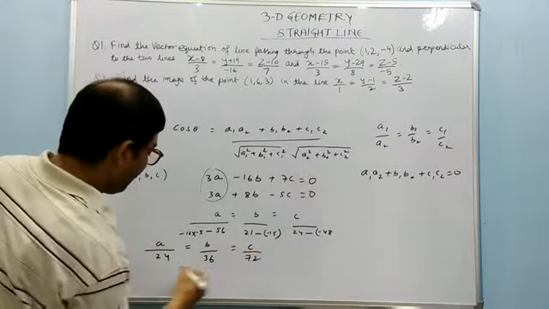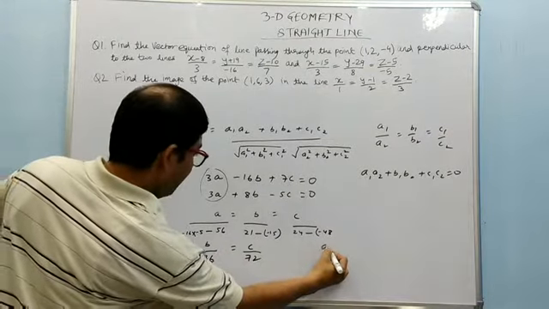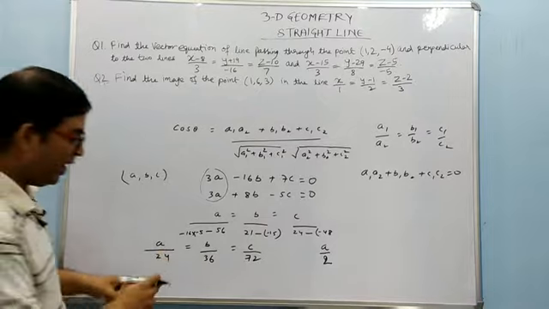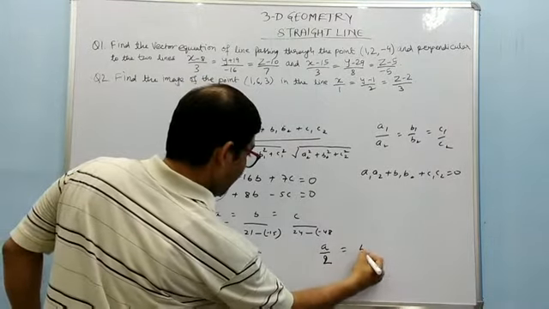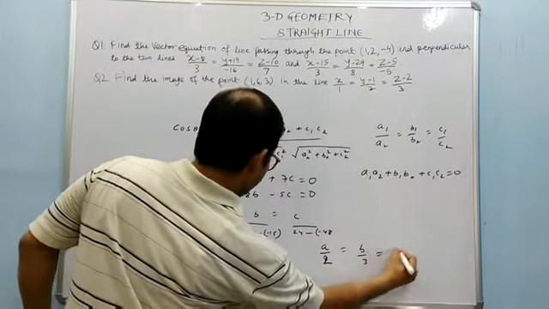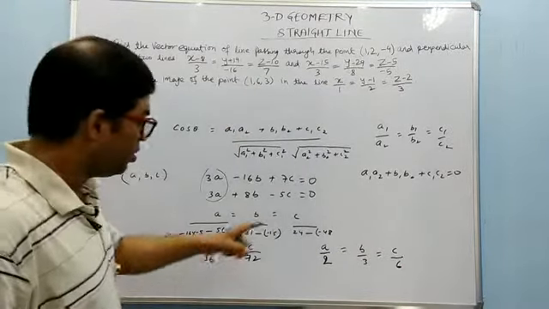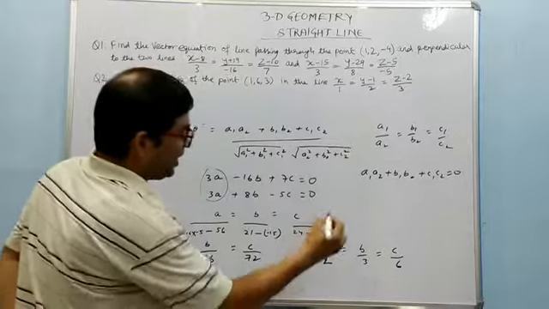So taking the simpler ratio, if we divide everything by 12, we can write a by 2 is equal to b by 3 is equal to c by 6. So a, b, c we can easily get.